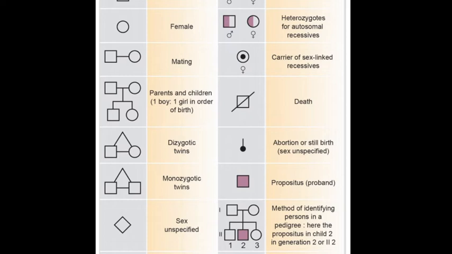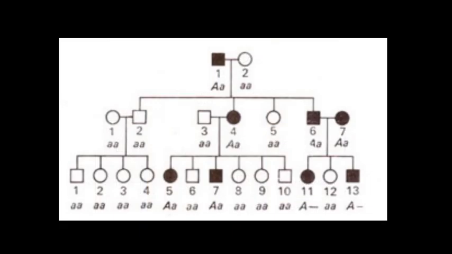Often these characters appear among children born from first cousin marriage, which enhances the chances of mating between two individuals heterozygous for the same trait. A typical pedigree for a rare recessive condition is shown in this figure.